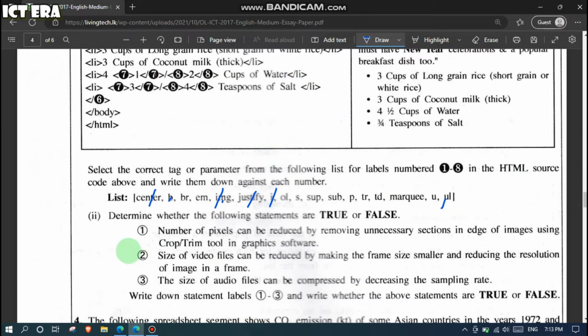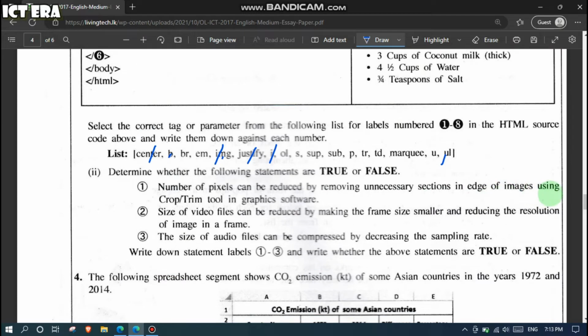Right, then let's see the second one. Determine whether the following statements are true or false. Number of pixels can be reduced by removing unnecessary sections in edge of images using the crop or trim tool in graphics software. Yes, from the crop or trim tool we can reduce unnecessary pixels.